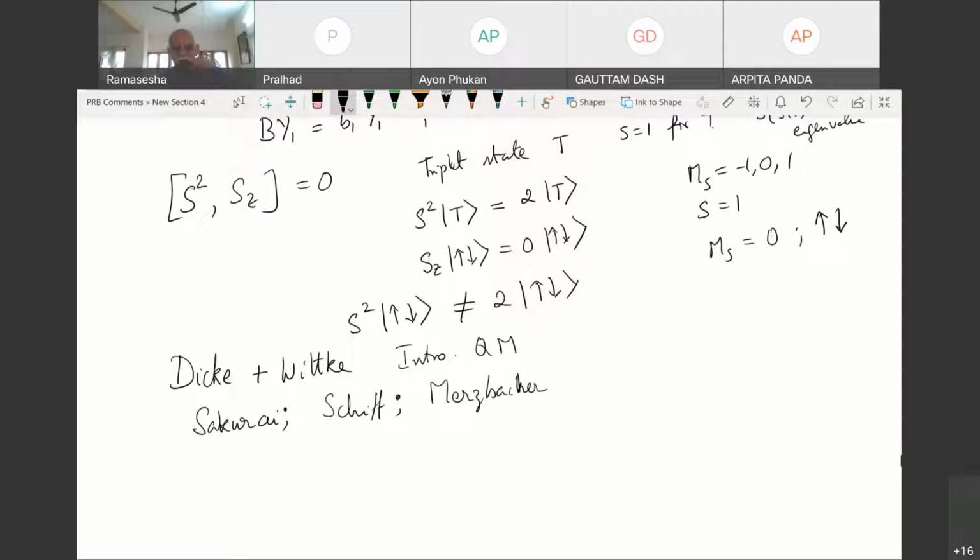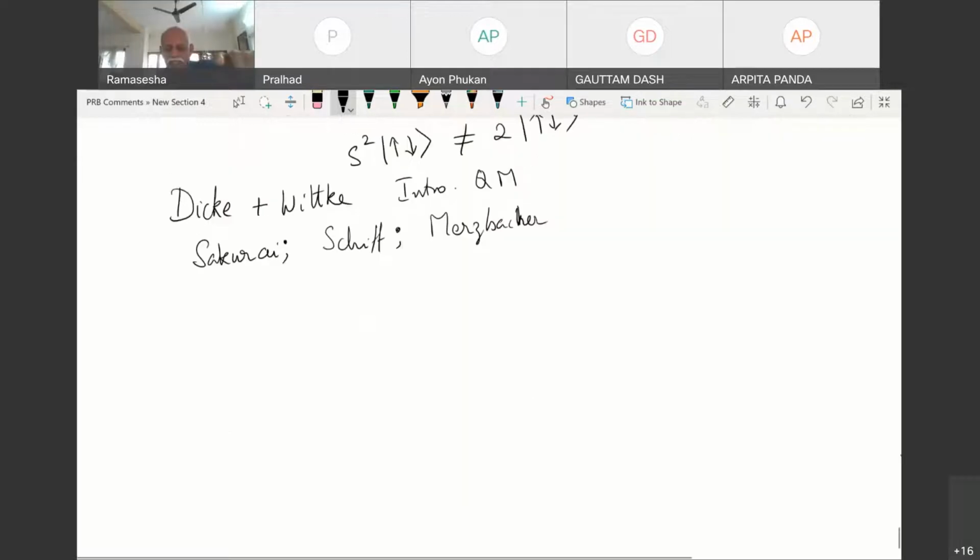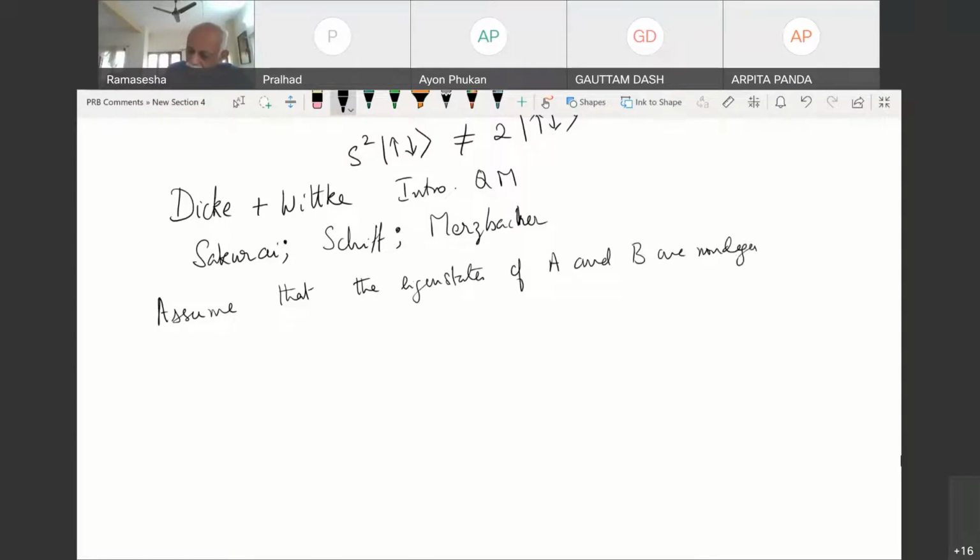Okay, so now I have said that for A and B we have to be careful. Let us assume the eigenstates, which means that A x is equal to lambda 1 x.